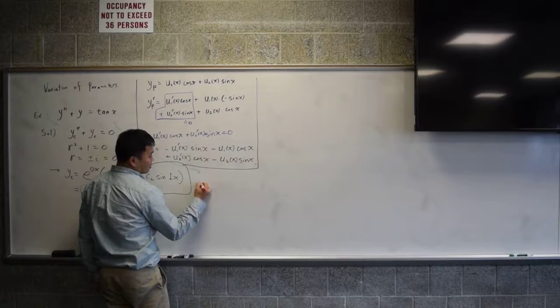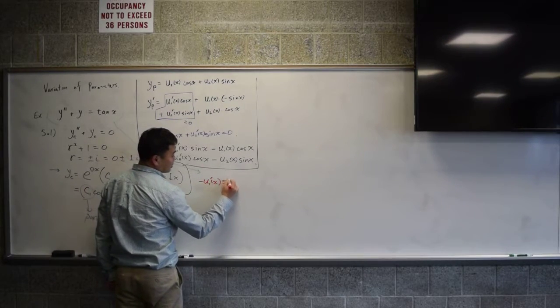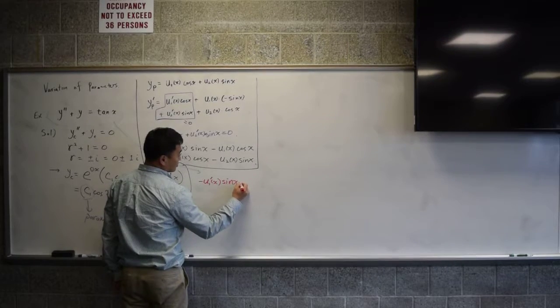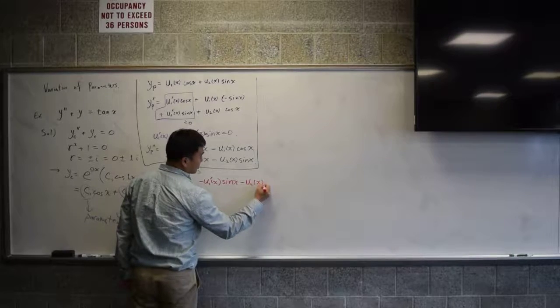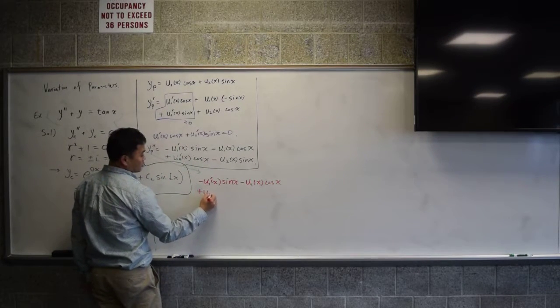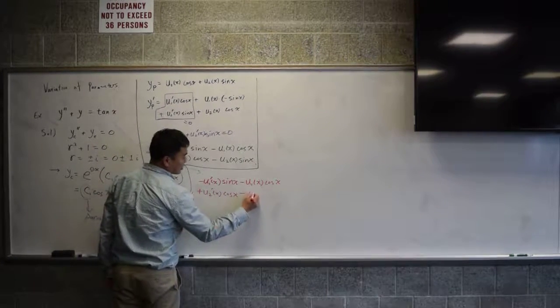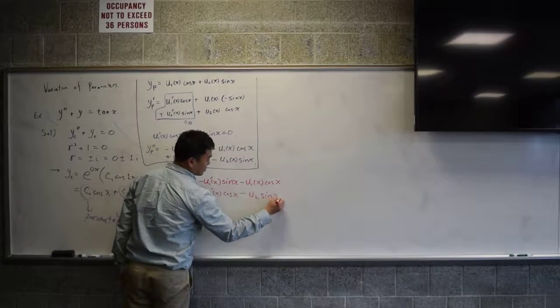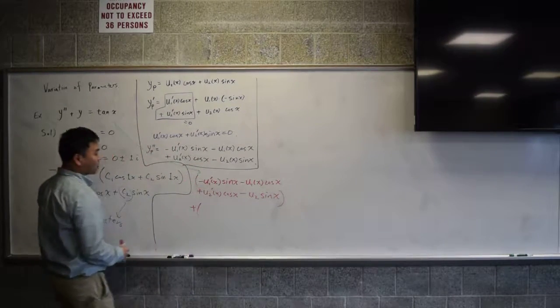It's negative u1 prime of x sine of x minus u1x cosine x plus u2 prime of x cosine x minus u2 sine of x plus, that's y double prime.